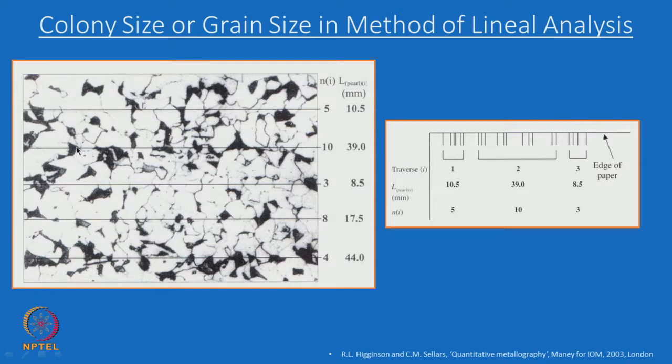For example, here 1, 2, 3, 4 and 5. So, 5, that is Ni, is involved. Here it is 10, here it is 3, 1, 2 and then 3, 1, 2, 3. So, these two are very close, so do not get confused.